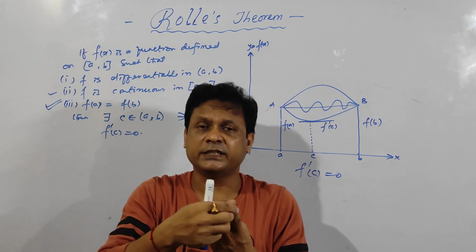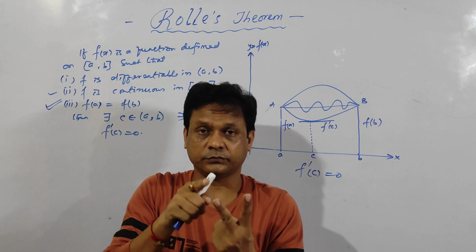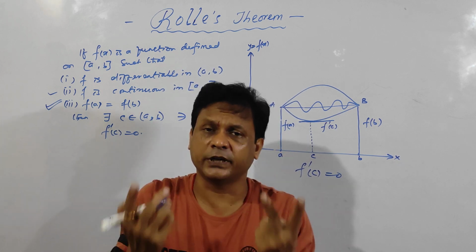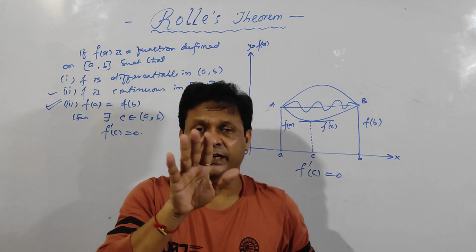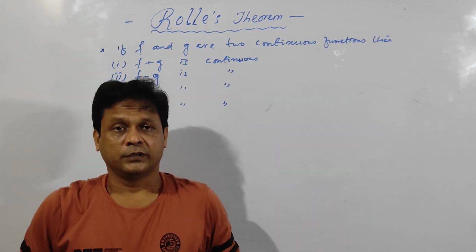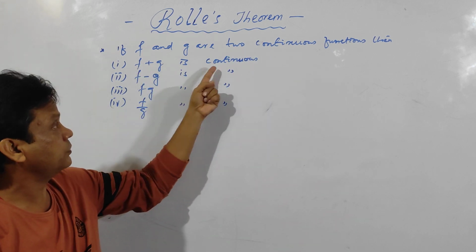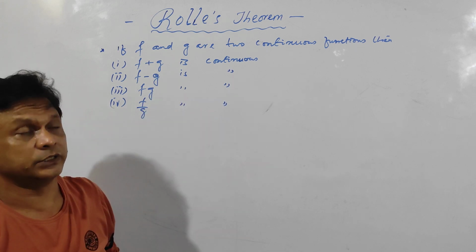Similarly, if f and g are two differentiable functions, then the sum, difference, product and quotient of two differentiable functions is also differentiable. Clear? I am going to write it down. See here. If f and g are two continuous functions, then f plus g is continuous, f minus g is continuous, f into g is continuous, f by g is also continuous.